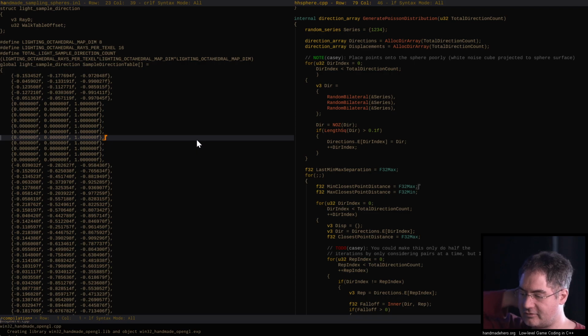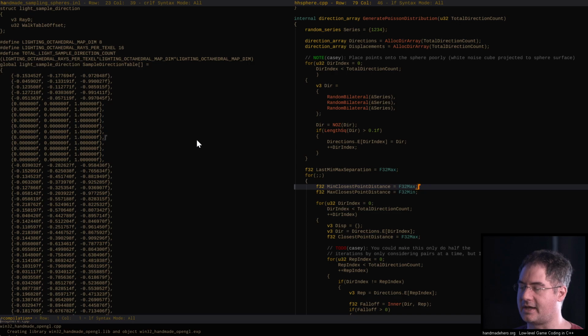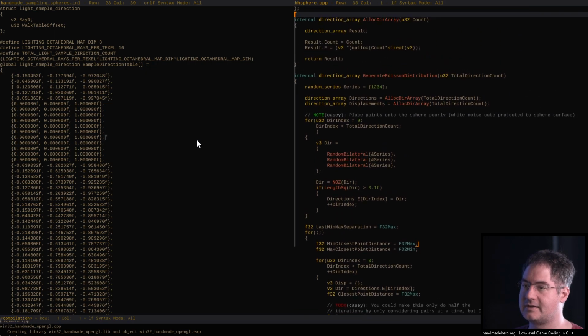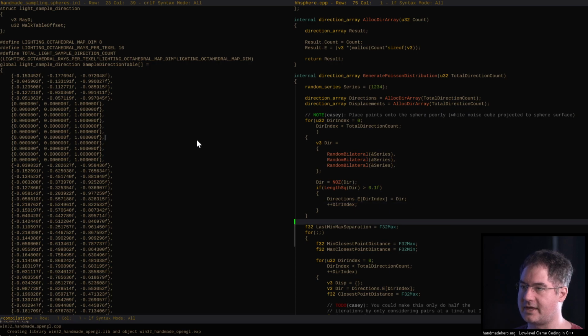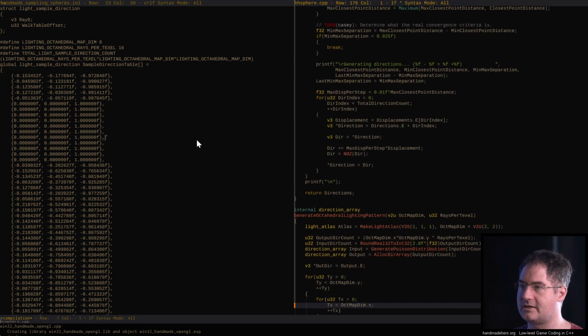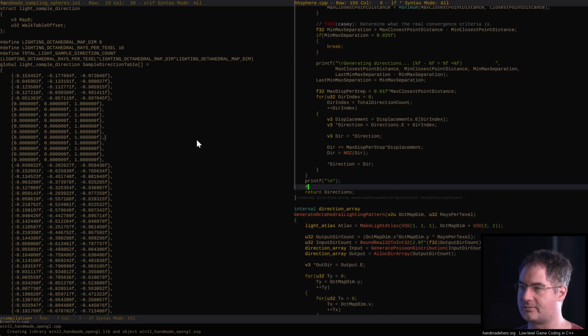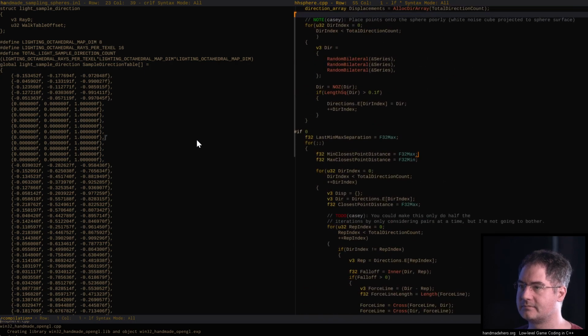So maybe let's start with that. Because we can start by using the white noise directly without actually having any repulsion, and then we can turn on the repulsion and work on that separately. So let's suppose we basically nerf the repulsion part.